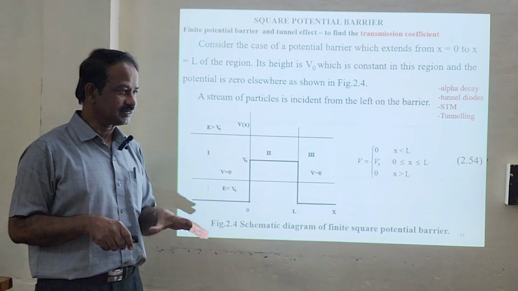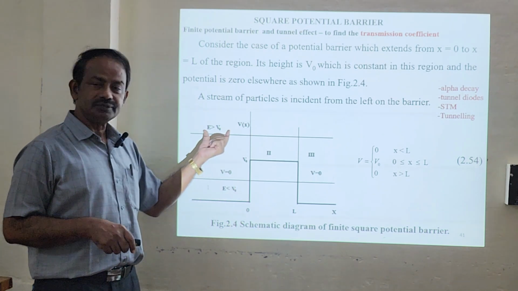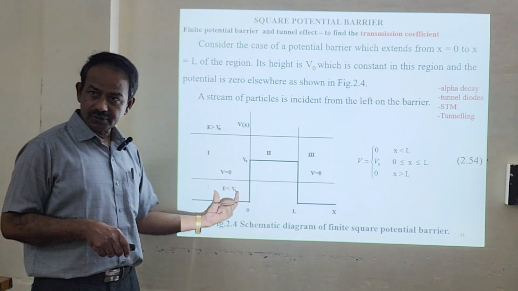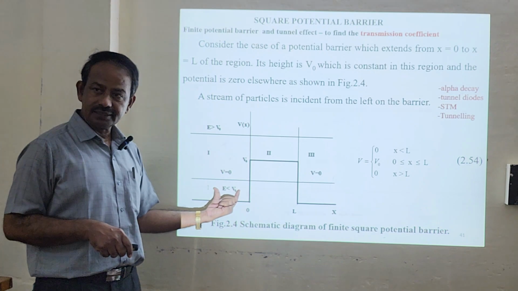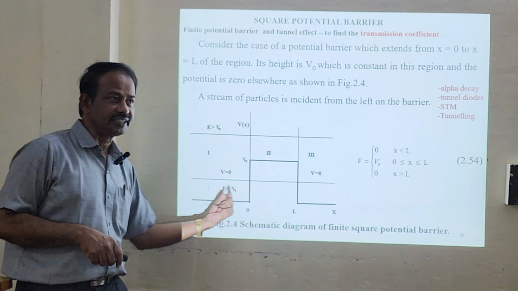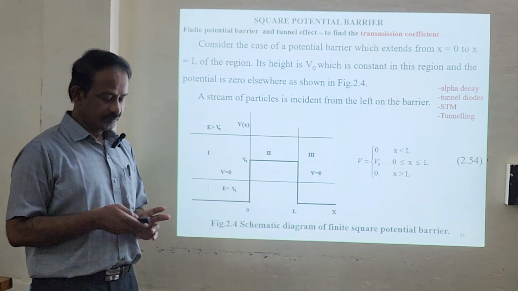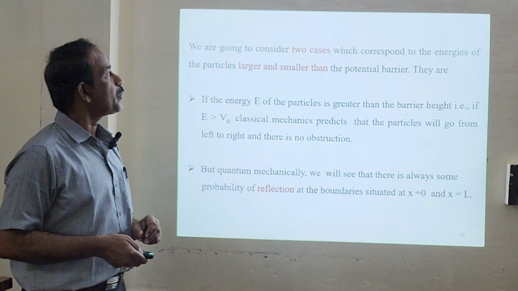So this is for the classical region and this is for the quantum mechanical region. In the quantum mechanical region, some particles will get reflected back.